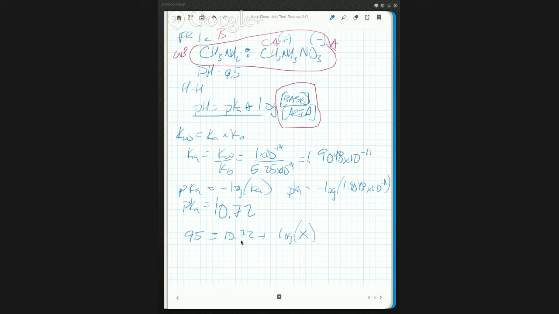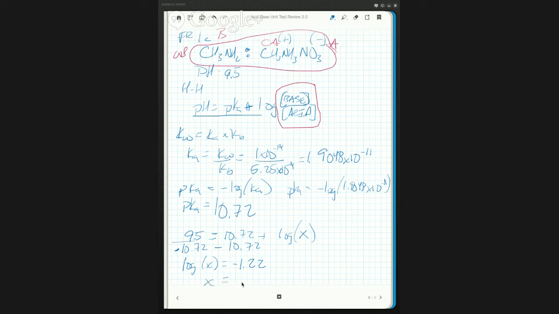So now we're going to subtract 10.72 from both sides, not divided by, minus 10.72. So log of x is equal to negative 1.22, all right?